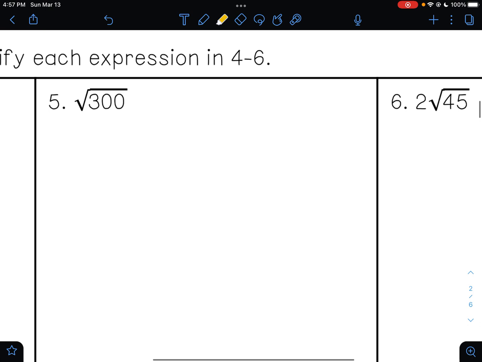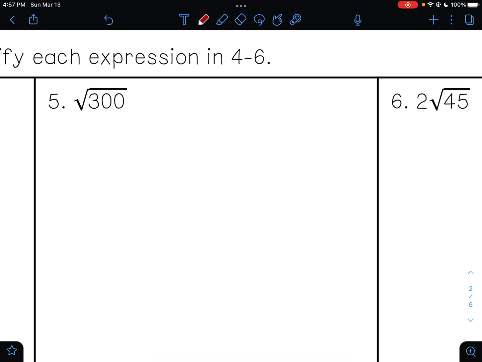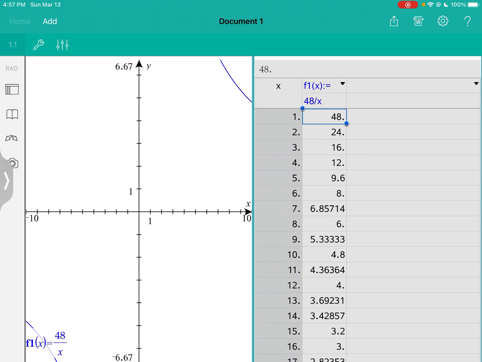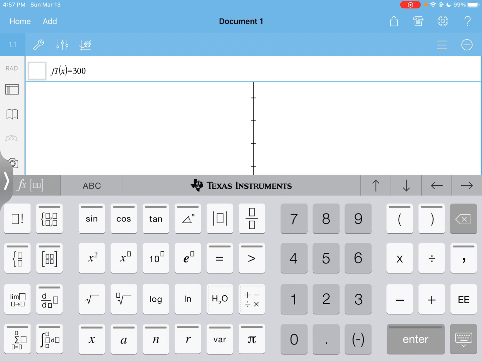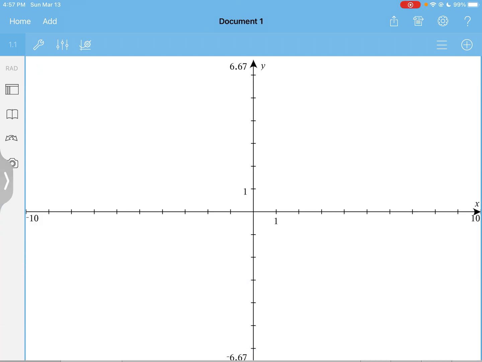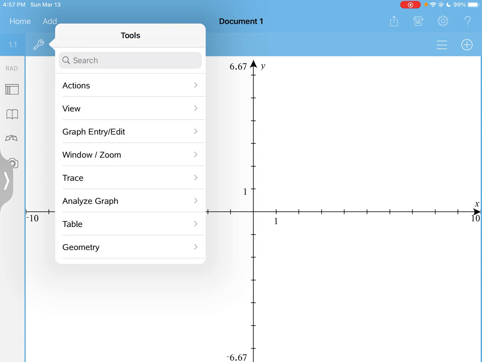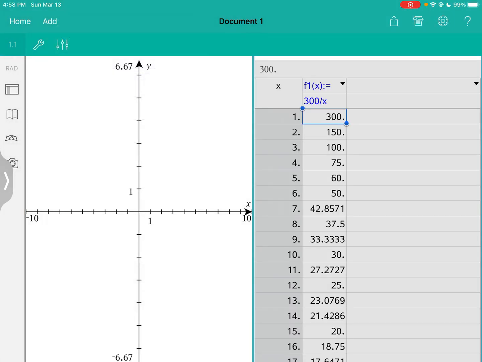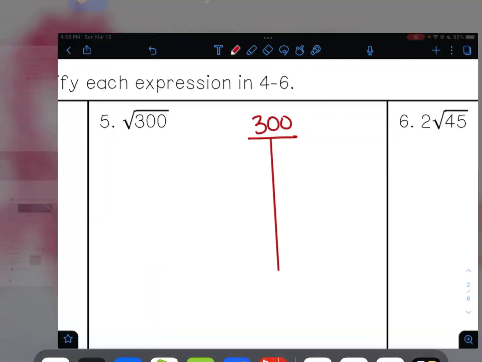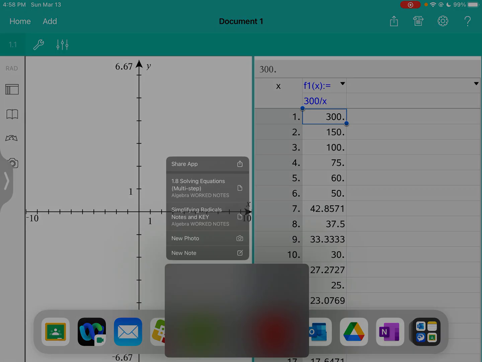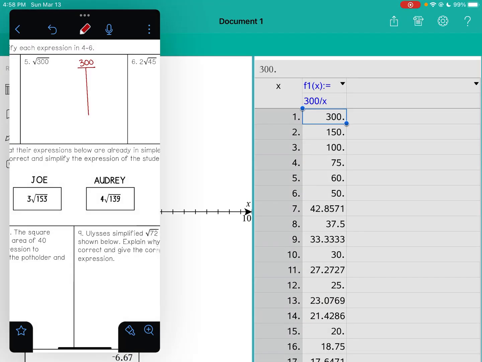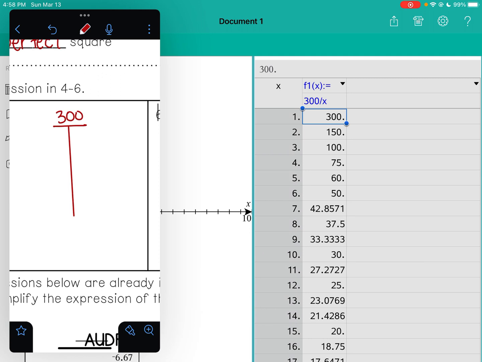Okay, looking at the next one, we have 300. I'm going to go back to our calculator. We're going to add a new graph, 300 divided by x, Control T. So here we go.